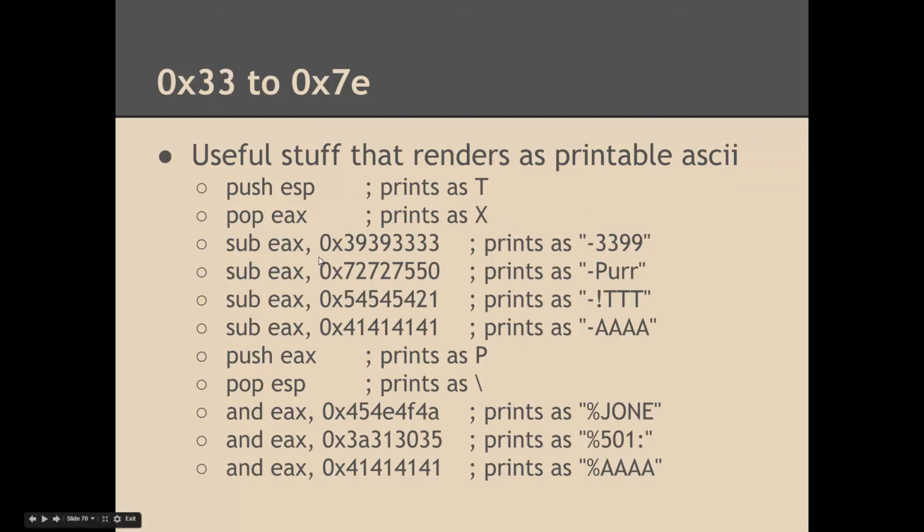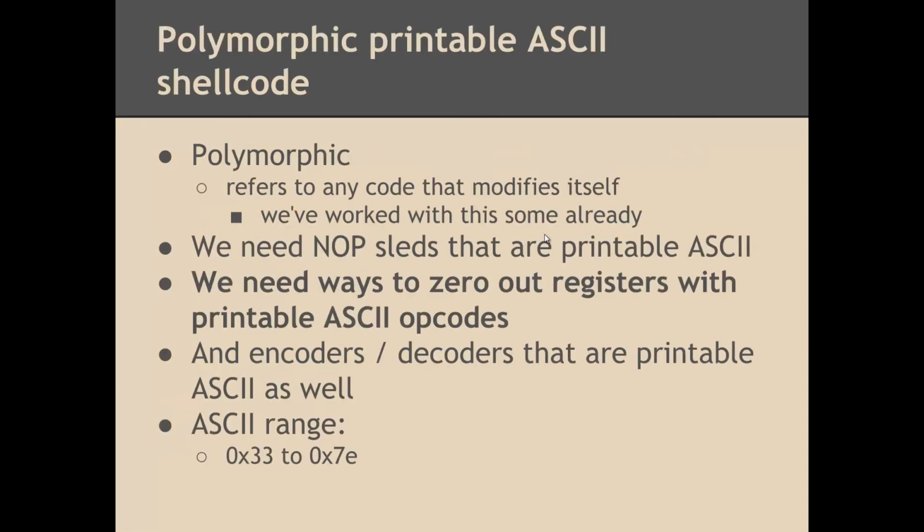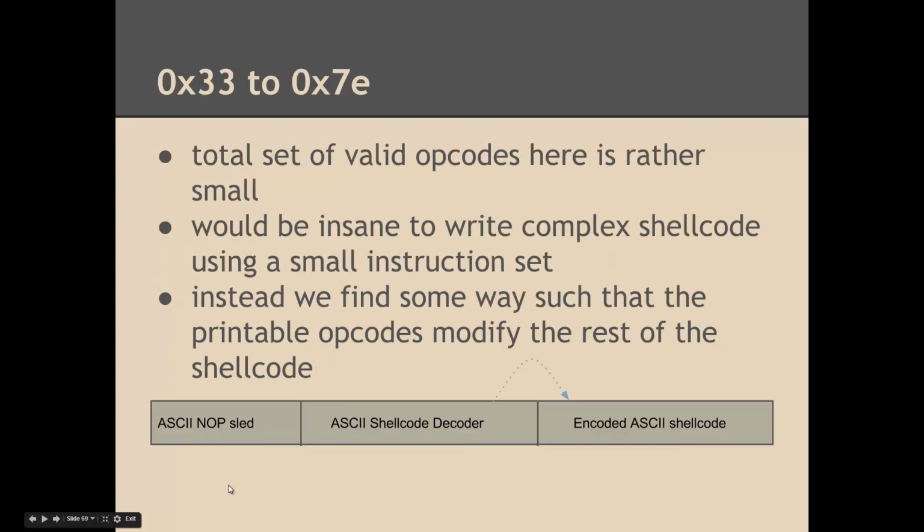So the sub EAX here would be the minus character, and the 33 would map to 3, and 33 would map to 3, and 39 would map to 9, 39 would map to 9. So I think I had a typo here. Yeah, this is not the ASCII range. It's like 20 through 7F.